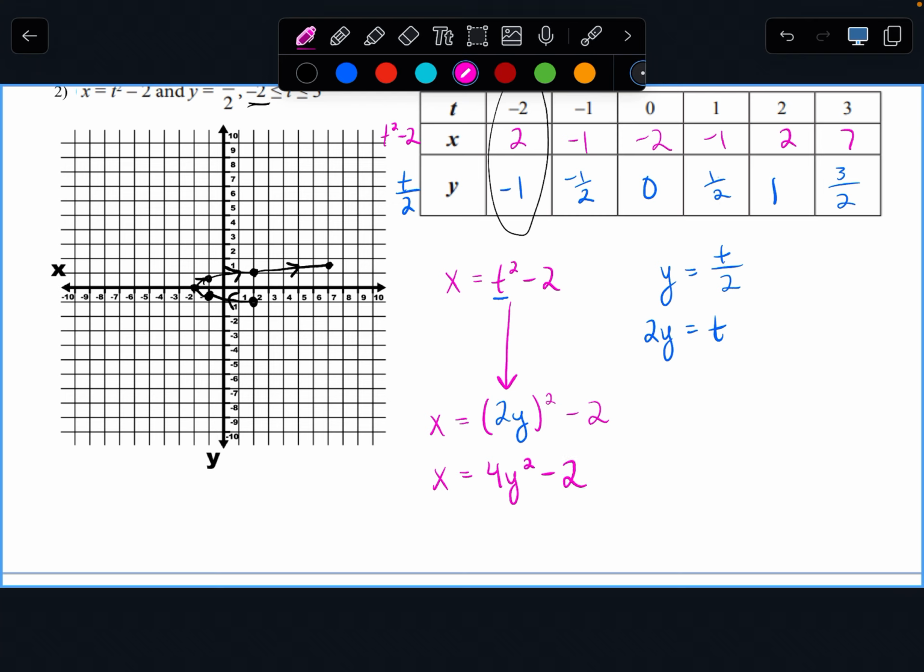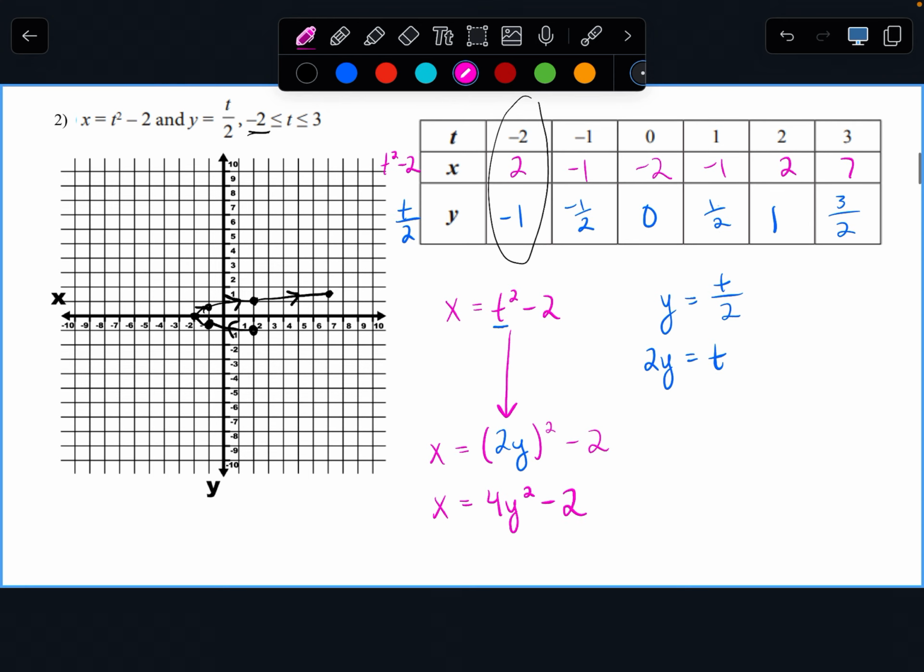In this form, I don't have to deal with the plus or minus piece. Because if I did y equals, I have to deal with the positive root part of the graph and the negative root part of the graph. So if you've got that sideways thing, it's a little easier to work with an x equals equation.